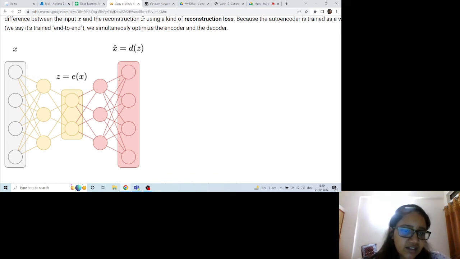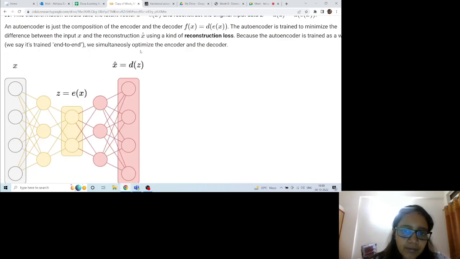That is given by this pink part. Given this z, you again have a neural network which maps this z to some x hat, which is supposed to be similar to your original x. So this is the encoder, this is the decoder, given by E and D, and obviously z equals E of x, x hat equals D of z.